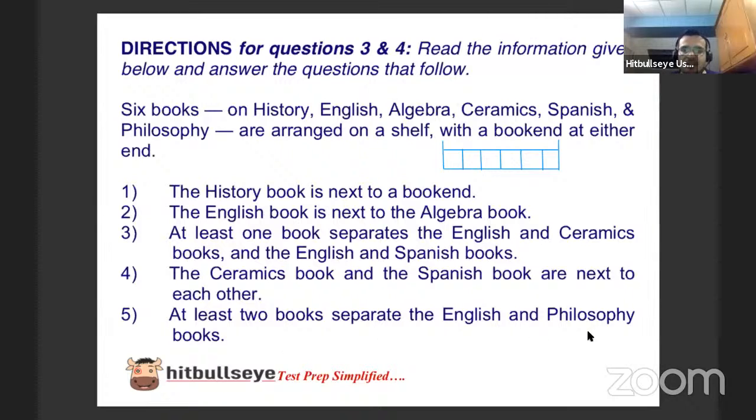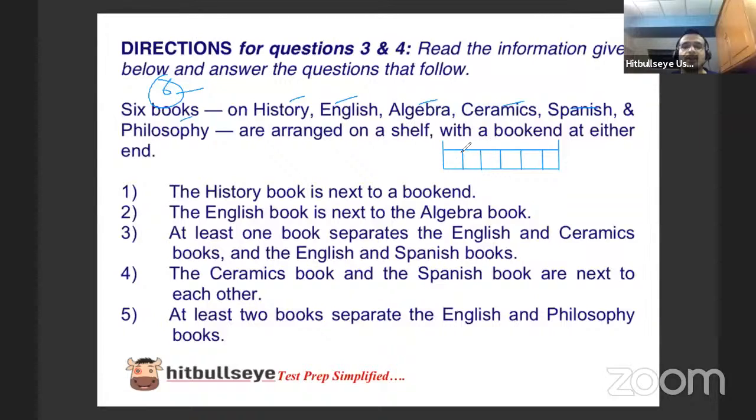Right. So what is given to us in this question? इसको हम थोड़ा सा छोटा कर सकते हैं तो देख लेते हैं. Okay, what do we have here? We have 6 books given to us, and we have to arrange these 6 books: history, English, algebra, ceramics, Spanish, and philosophy, on the shelf, which is having 2 bookends, right?